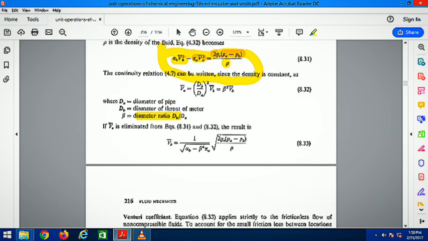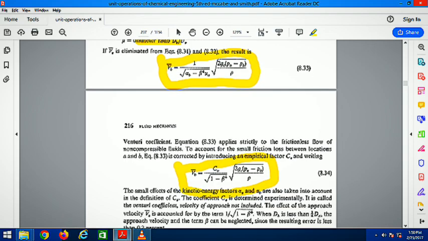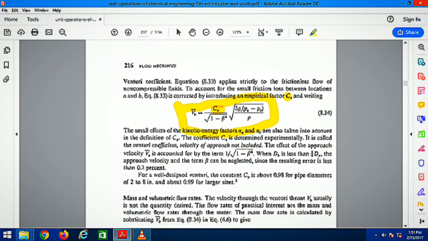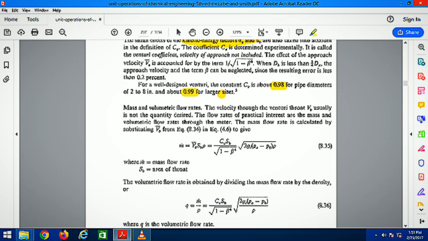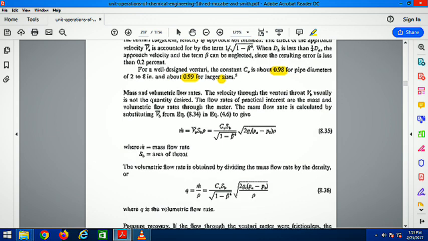And then putting it all together, and with beta we arrive at this equation, and finally we put a CV to account for alpha A and alpha B, replacing them with CV, which is the Venturi coefficient, which varies between 0.98 and 0.99 for larger sizes.